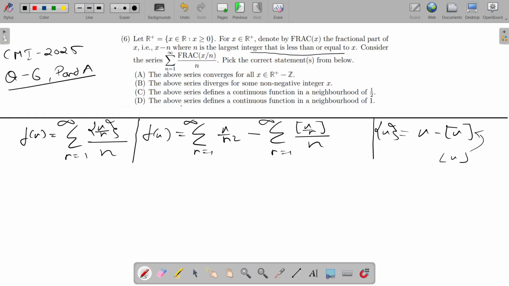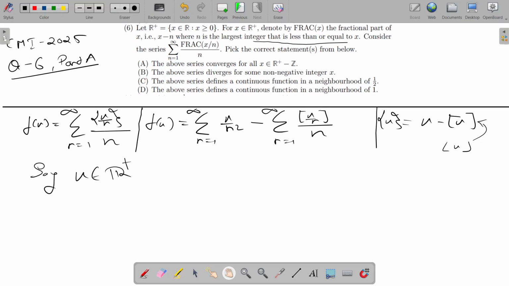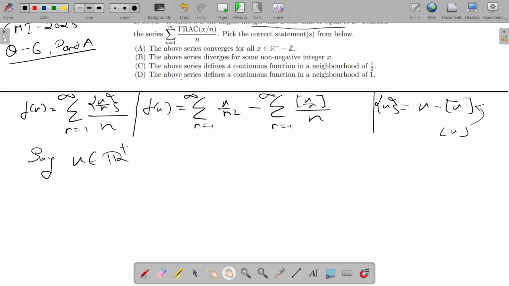Now it is saying the above series converges for all x belonging to R plus minus Z. So let us take x belonging to R plus and check. Basically this part, summation n equals 1 to infinity x by n square, is convergent, right?